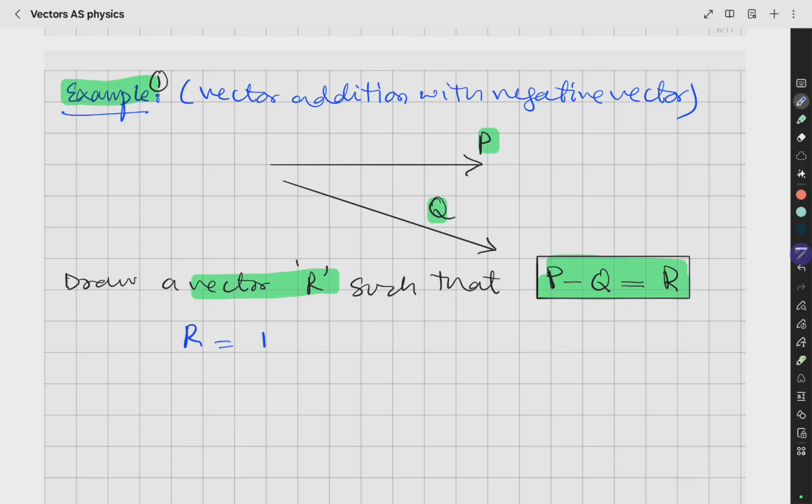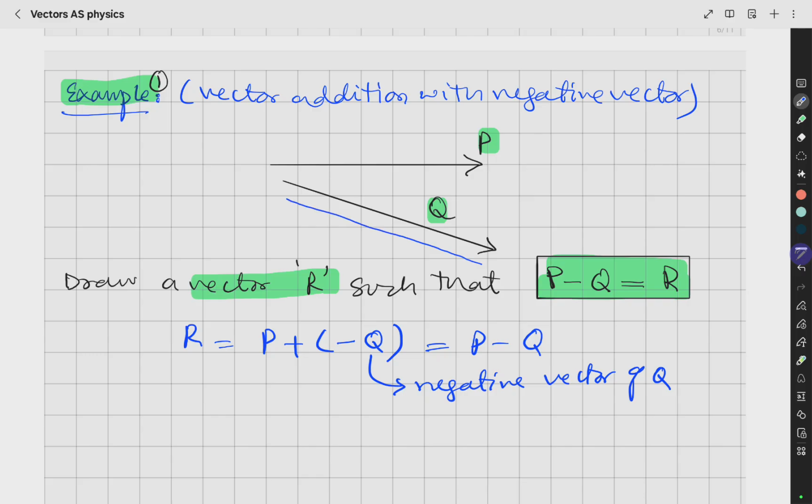So we can write it as R is equal to P plus minus Q. But actually this negative Q is the negative vector of Q. I already told you that a negative vector is one having the same magnitude but opposite direction. So this is negative Q.